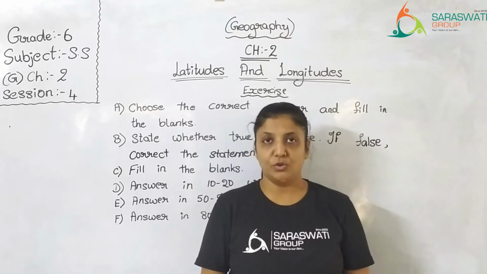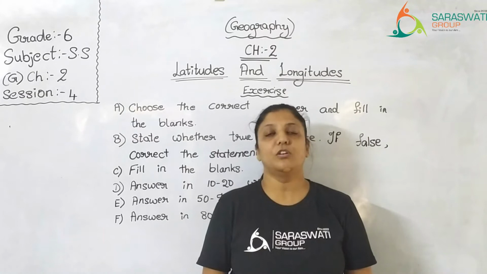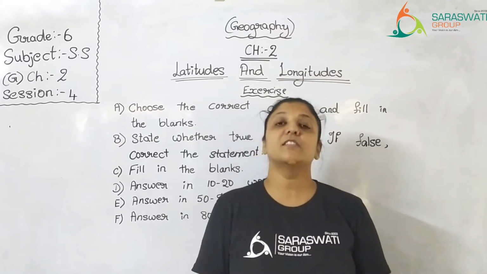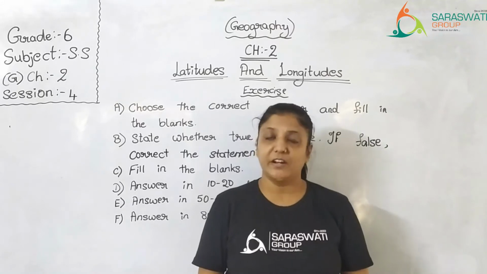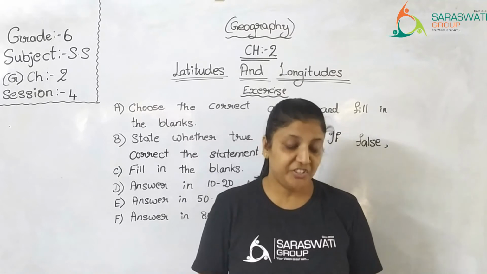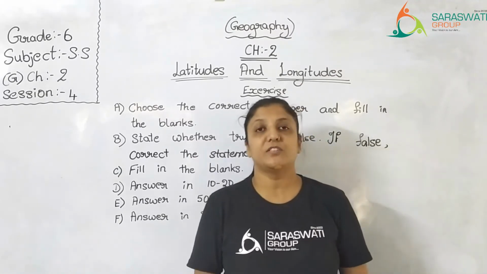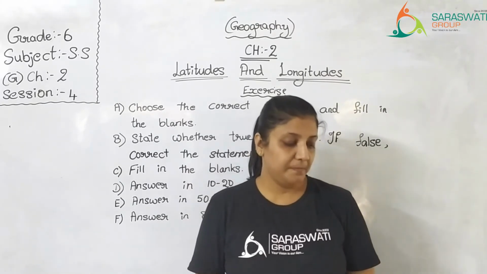Is it the hottest zone? No, it is not the hottest zone. So this statement is false. So now you have to write the correct statement for this. The correct statement is the frigid zone is the coldest zone. Coldest zone.